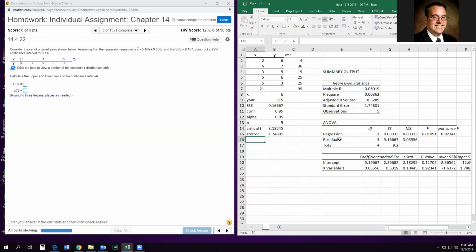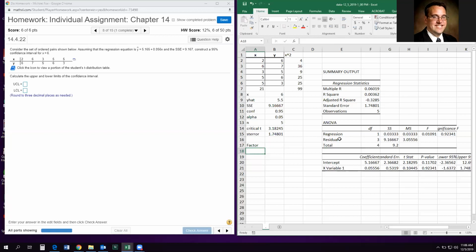And now I have to do this great big factor, which again is the square root of 1 over n plus x minus x bar squared over the sum of x squared minus the sum of x squared over n. Okay, so this is the big, I call it a factor. There's probably a name for it somewhere that some smart guy came up with, but it's the factor that we're going to multiply all of this by. So it's so big that some people prefer to break it into pieces. So I'm going to do that.